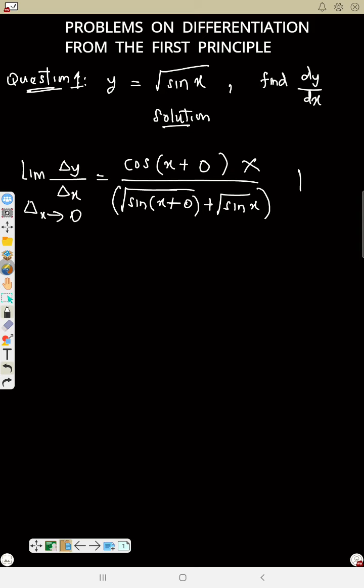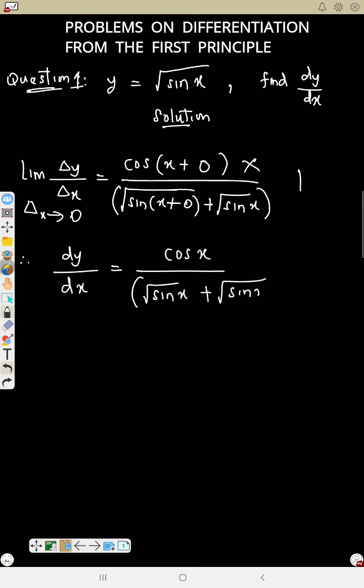So we will now have, therefore, dy over the s will be equal to cos x, it's remaining cos s here, divided by square root of sine s plus square root of sine s, like that.